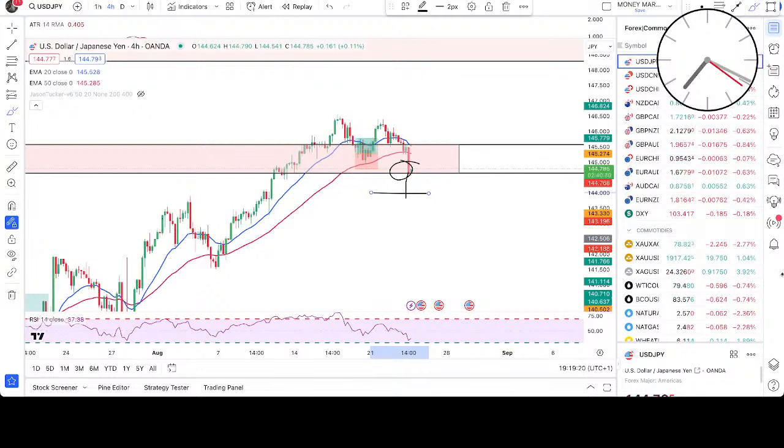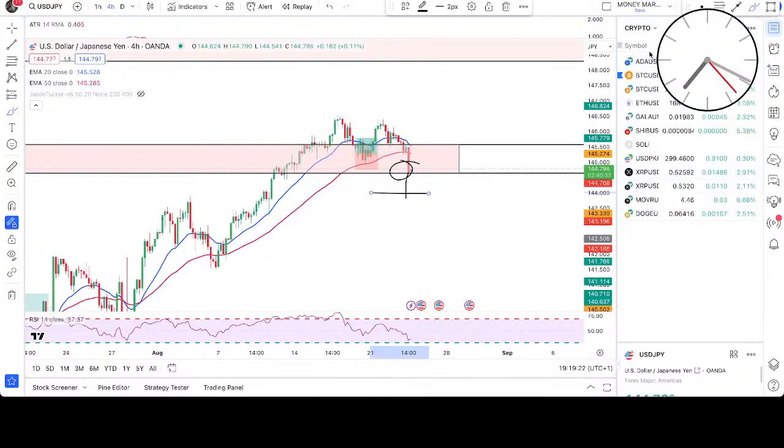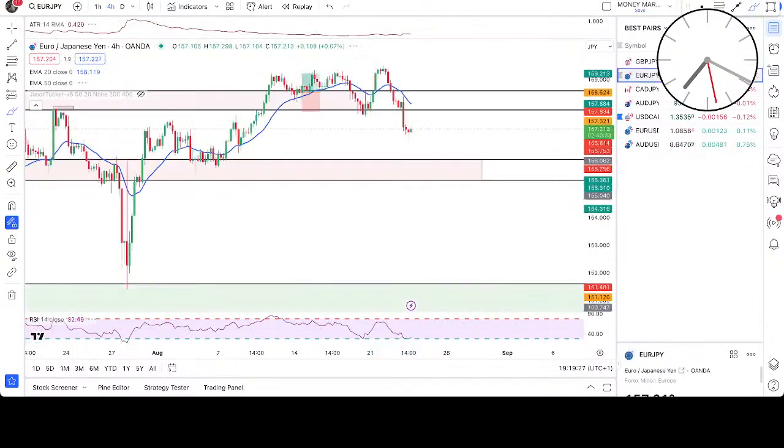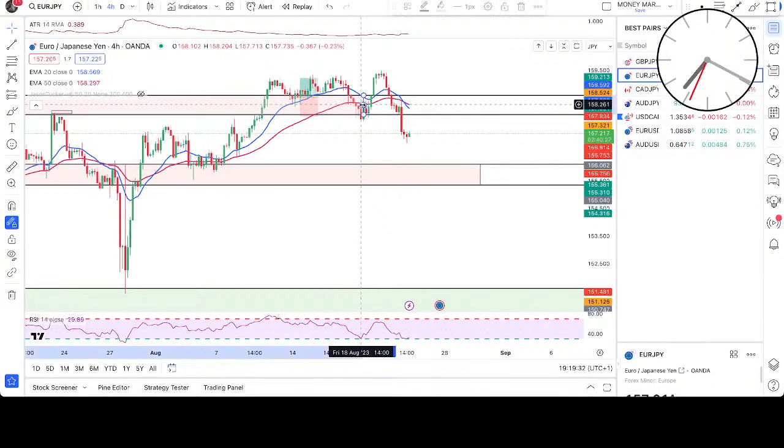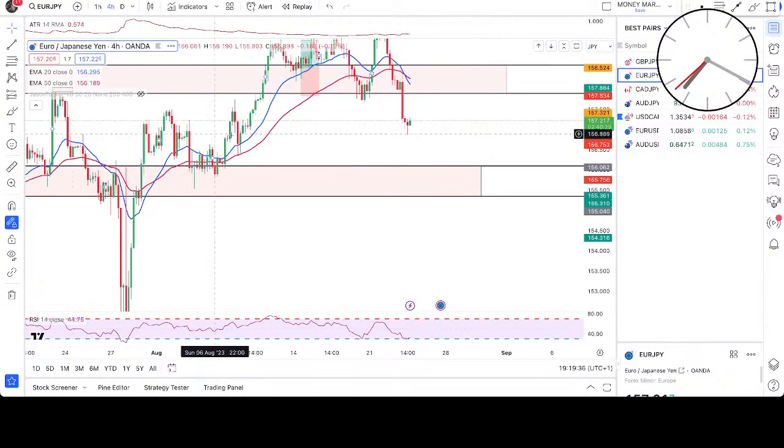And let's check Euro Japanese yen, Iraqi for you. And then we're going to go through the other instruments. Euro Japanese yen is pushing lower nicely, and we have a cross as well, so it looks like the price is going to fall to the next level of support, and the next support is right here.